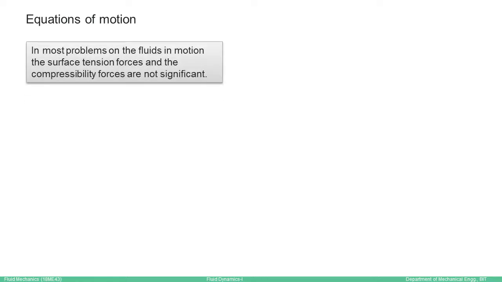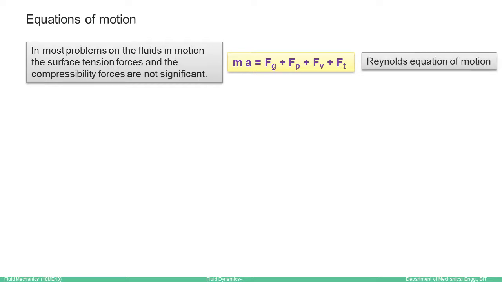If compressible forces, which are dominant in gases, are neglected in the case of liquids, and surface tension forces are also neglected, then the equation of motion reduces to ma is equal to Fg plus Fp plus Fv plus Ft, where the surface tensile forces and compressible forces are ignored. And this equation of motion is called Reynolds equation of motion, which will generally be used in the analysis of turbulent flows.